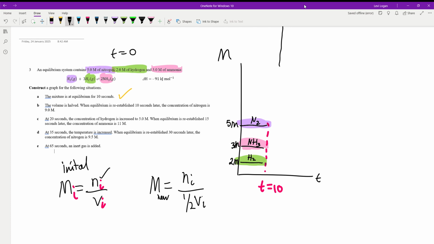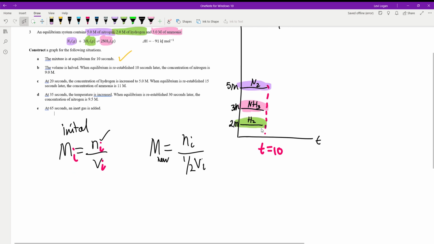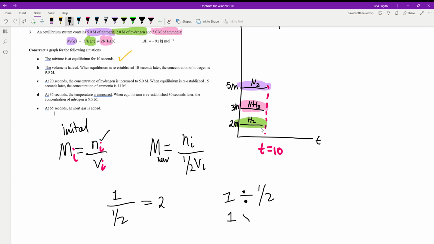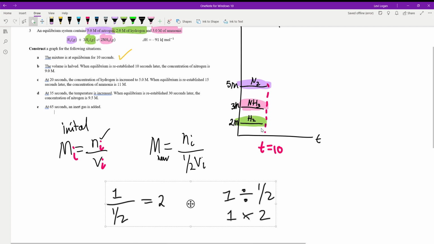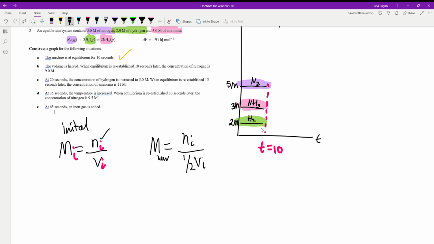Here, 1 over a half is the same as just rewriting 2, because 1 divided by a half is the same as 1 times 2. So the new molarity is double the old molarity. The new molarity is 2 times the initial moles over the initial volume.